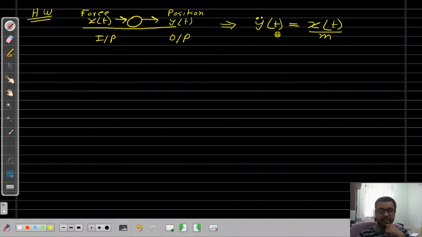And in this case, you can integrate this equation 2 times to get a relation between output and input, and then you may consider a very simple input. Consider x(t) to be like this: 0, then 1, and then 0.